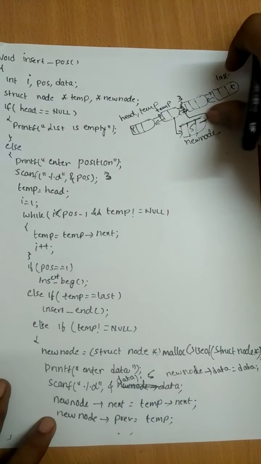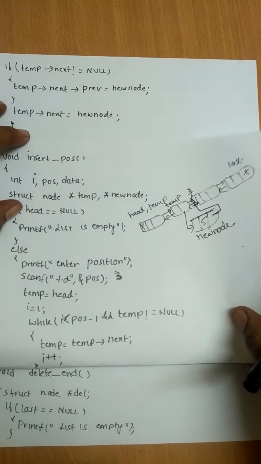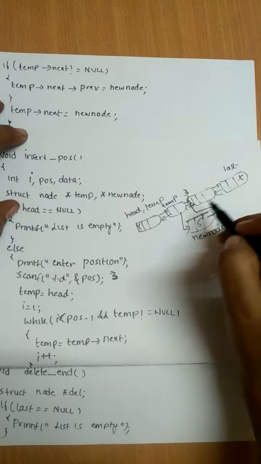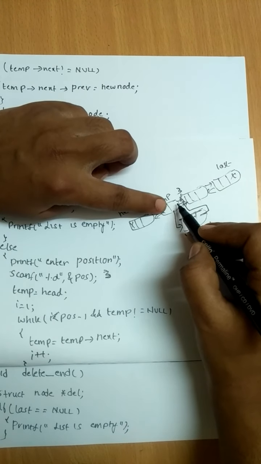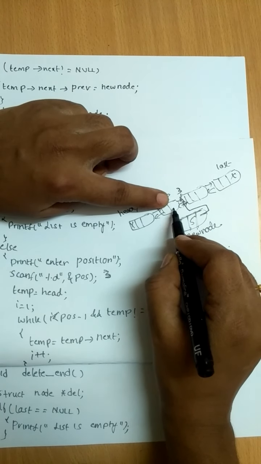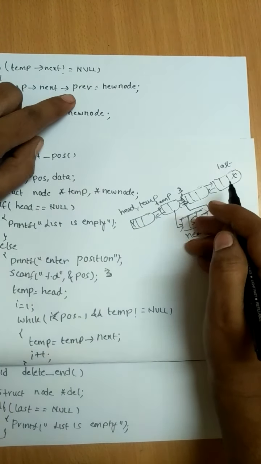Now if temp of next is not null, that means it is not the end node. What we have to do: temp of next of previous, this is the previous field of temp's next node, and in this previous field we have to store the new node address.